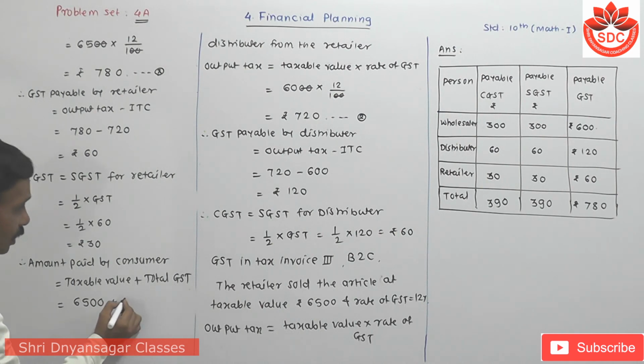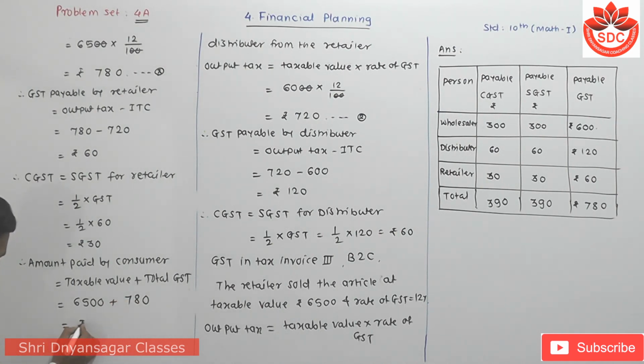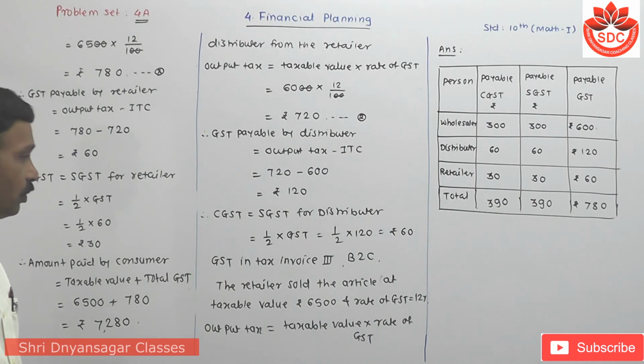So total GST is 780 rupees. Then the addition of these two is the amount paid by the consumer: 0 at unit place, 8 at tens place, then 7 plus 5 becomes 12, that is 1, and 7,280 rupees. This is the amount paid by the consumer.